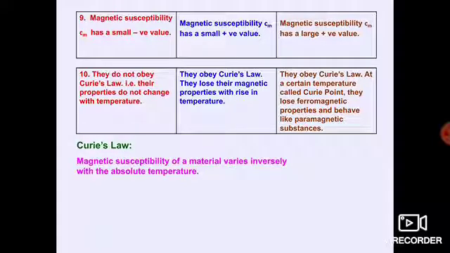What Curie law says: magnetic susceptibility of a material varies inversely with the absolute temperature.